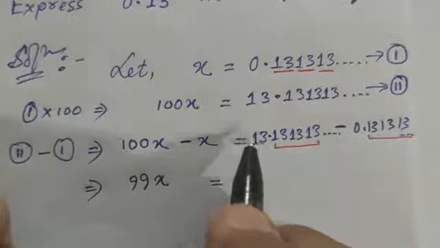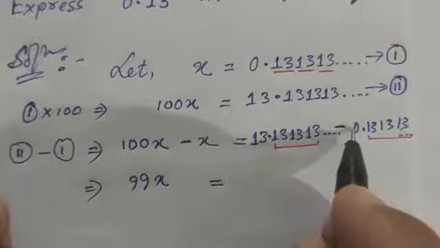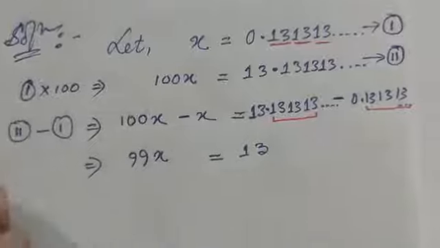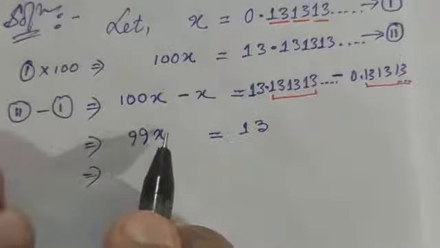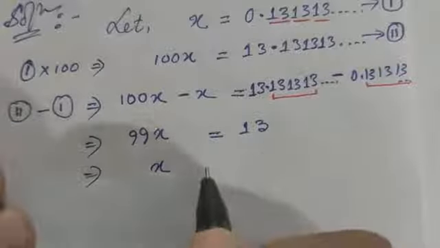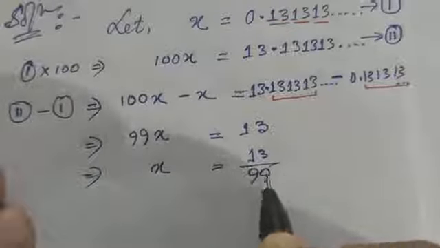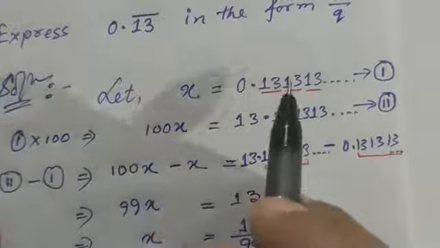Then in front of the decimal, this side there is 13, and that side there is 0, so 13 minus 0 gives exactly 13. Now 99 is multiplied with x. If you shift this 99 to the other side, it gives you 13 out of 99.